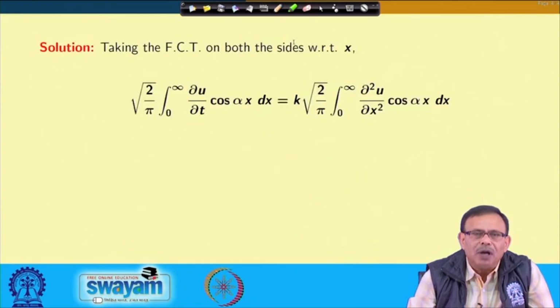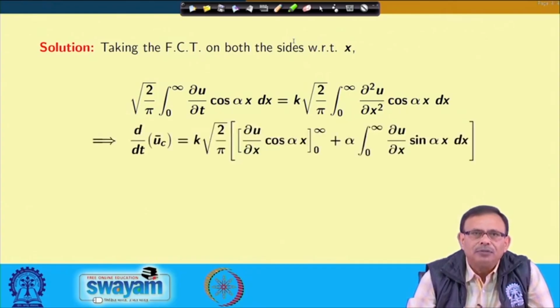Once I apply the Fourier cosine transform on both sides, root over 2 by pi integral 0 to infinity del u del t cos of alpha x dx equals k into root over 2 by pi integral 0 to infinity del 2 u del x square cos of alpha x dx. On the left hand side, d/dt I can bring outside the integration sign, because we are taking the Fourier cosine transform with respect to x.